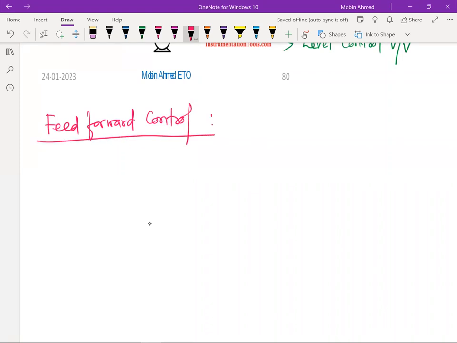Feed forward control. Okay. Now feed forward control, wherever it is being used, it is used only for eliminating the disturbances.